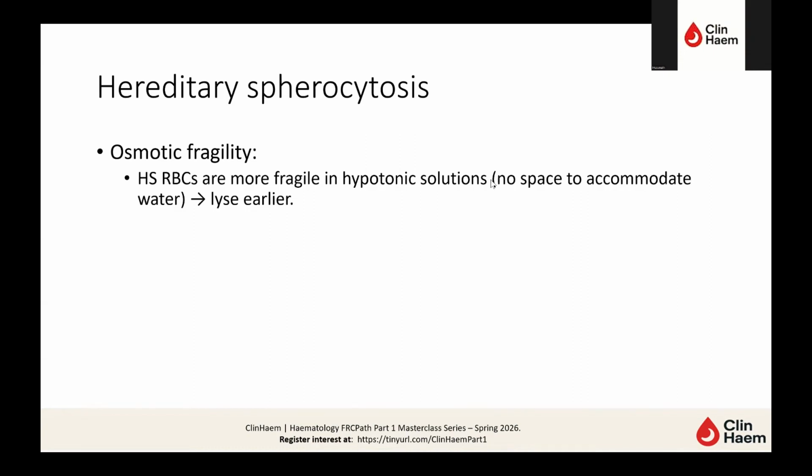If you leave these spherocytes in a tube with a hypotonic solution, the water is going to try to go into the cells. But as you say, there's not enough room now because they're smaller and packed, so they're going to burst and lyse. So you will say they are too fragile compared to normal cells, which maybe will lyse a bit longer. Spherocytes will lyse earlier.